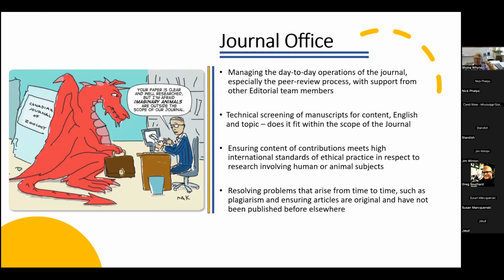We want all those publications to have the same opportunity to undergo a fair review, but sometimes it's very difficult if the English is poor. We want to maintain a high standard of ethical practice, so that's ethics involving humans and animal subjects, and plagiarism. Those are the main functions of the journal office.